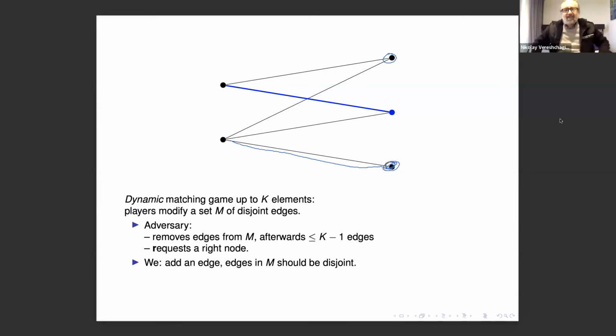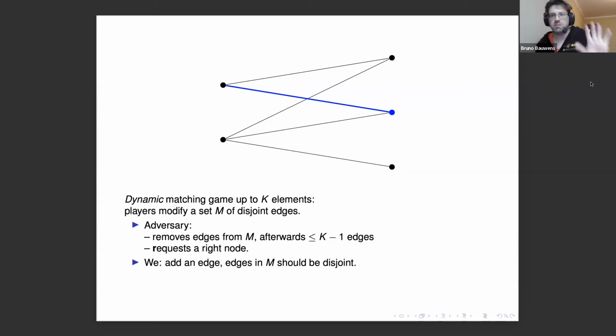So in which case the opponent may remove an edge? He can, if it's his turn, remove any number of edges, but the graph remains the same. The matching is a subset of edges, and this subset can be modified. So we have to add edges, and the opponent can remove edges.